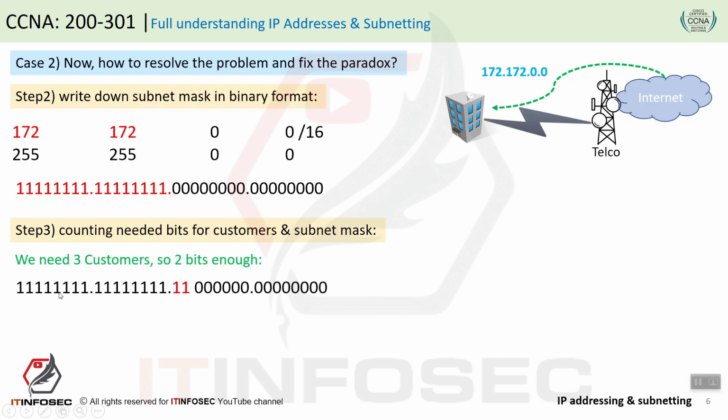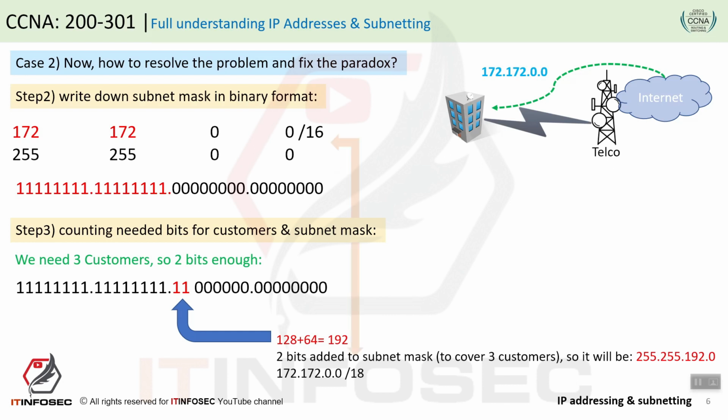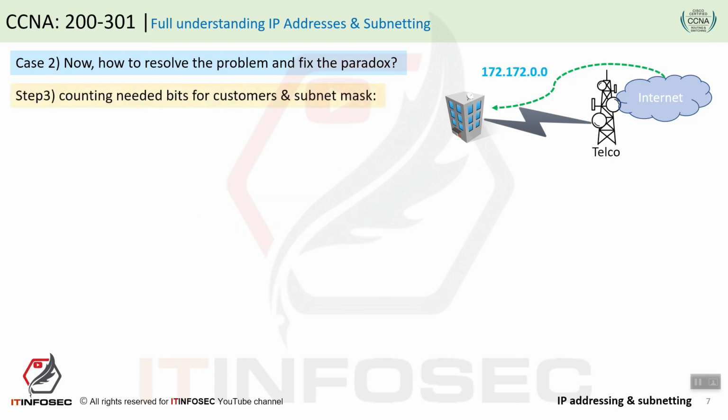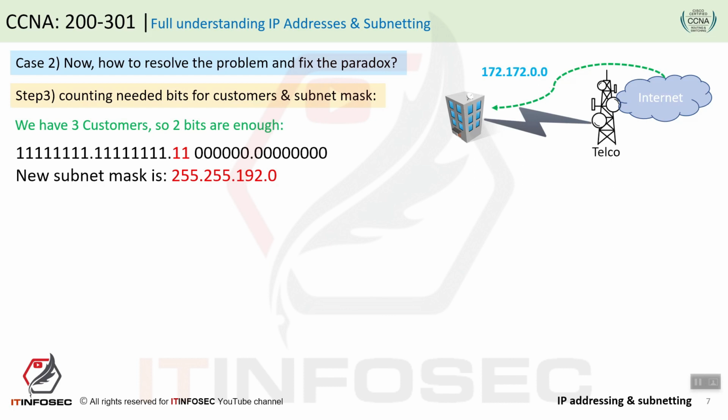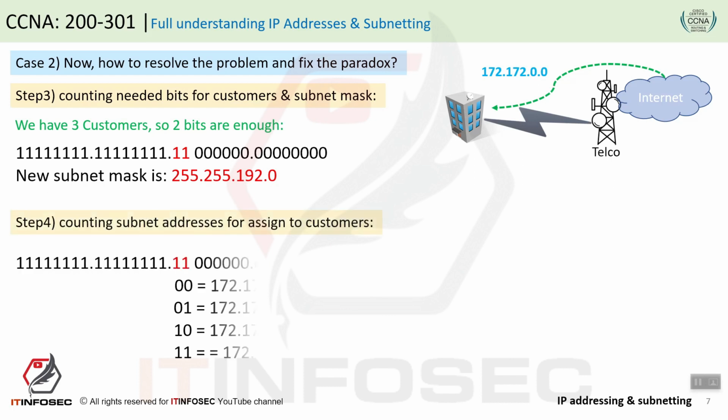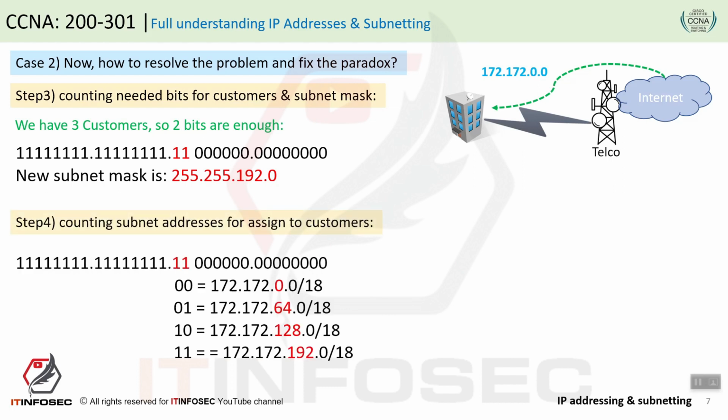This goes up to the black part. This was the default subnet mask, and we need an additional 2 bits to contain 3 customers. These 2 bits can be in 4 states or 4 models: 00, 01, 10, 11.